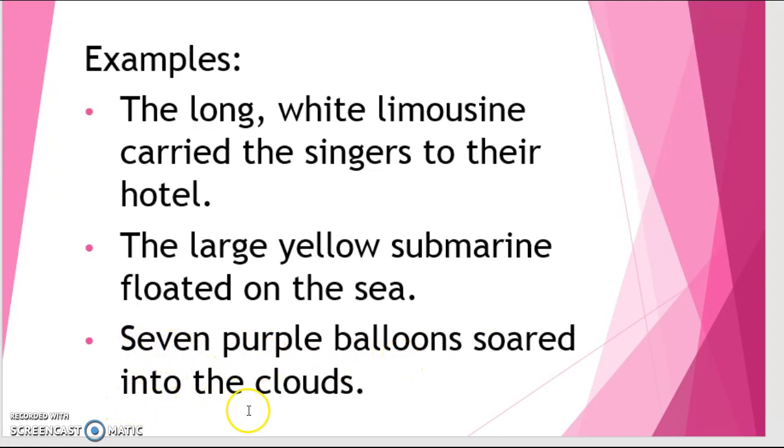And then a prepositional phrase again, into the clouds. So 7 purple balloons is our complete subject. Balloons is our main subject. Soared would be our verb, and then into the clouds would be a prepositional phrase. So hopefully this is making more sense on how we're getting details about the subject in these types of sentences.